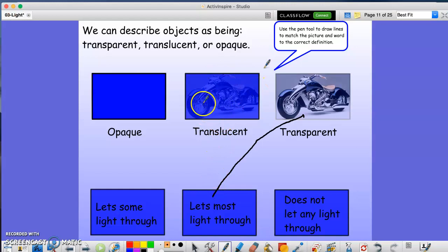Translucent, you can see here, is when you see some, so it lets some light through. And opaque, we cannot see that motorcycle at all. Opaque does not let any light through.